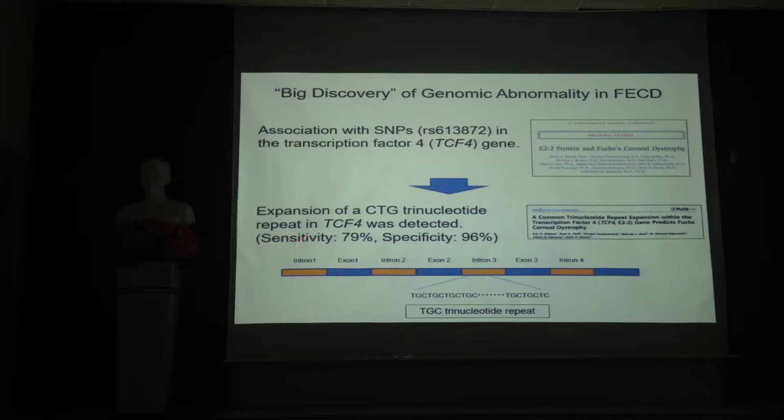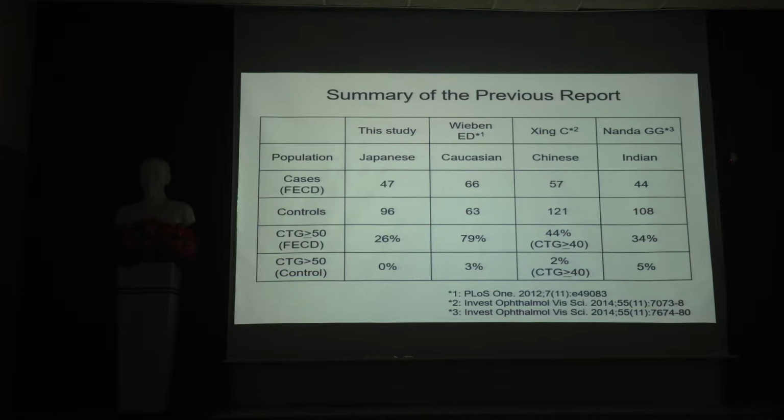So this is very unique, because a CTG repeat is seen in Huntington disease, but except Huntington disease, there's no disease that is known to have a CTG repeat. And that is coming from Caucasian subjects.